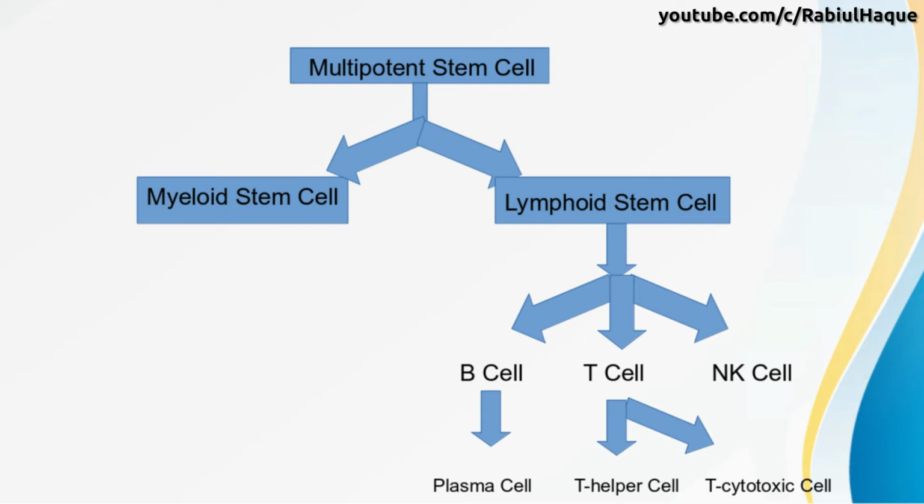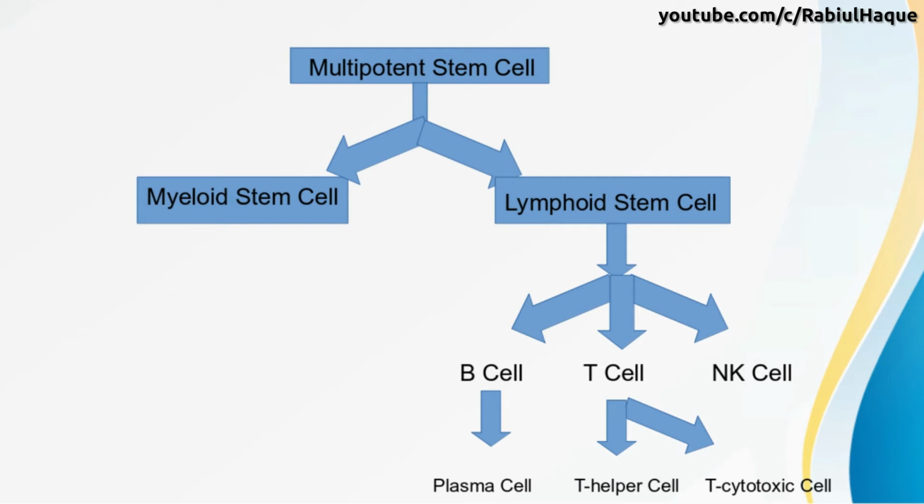But ultimately they will become committed, so some of them will make B cell, and from B cell we will ultimately get plasma cell, and some other lymphoid stem cells will be committed to make T cells, and from there we will also get T helper cell and also cytotoxic T cells.